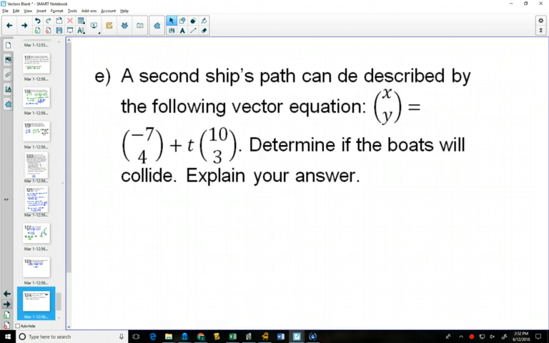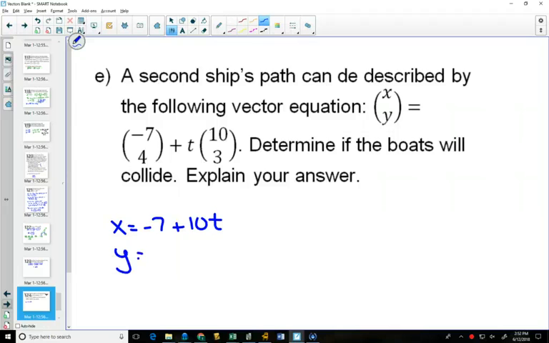Again, we go to our parametric equations. This one has parametric equations x equals -7 plus 10t and y equals 4 plus 3t. Again, the same variable t is used because we're talking about time, and it doesn't matter if the paths cross at a different time. It does matter if they cross at the same time.